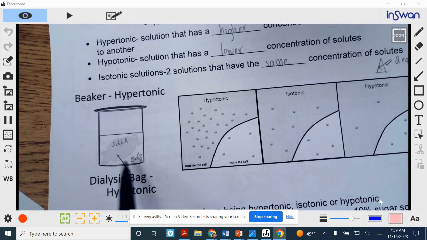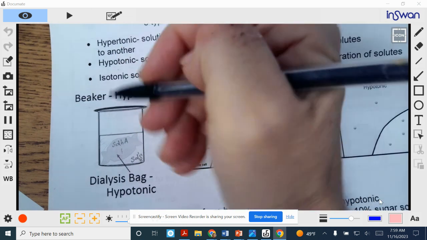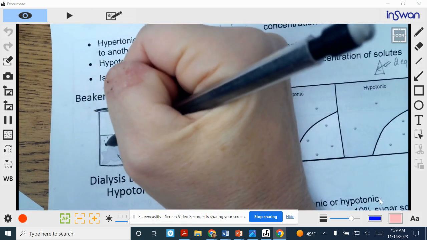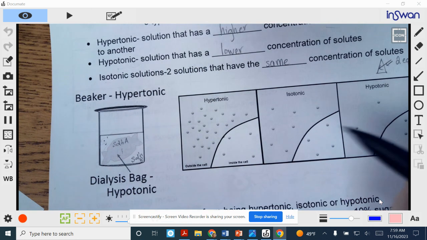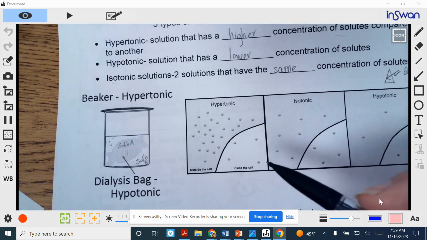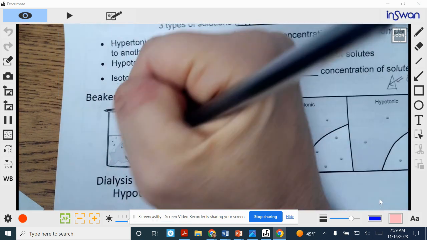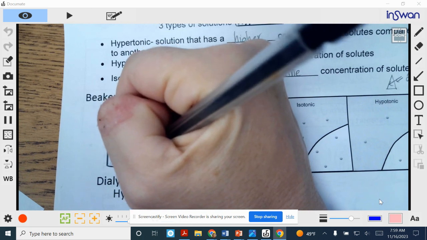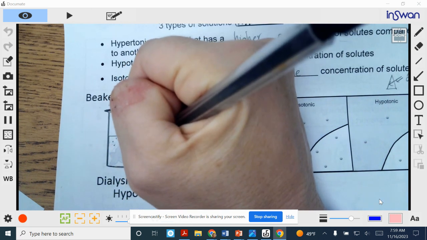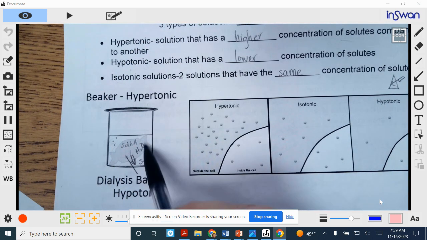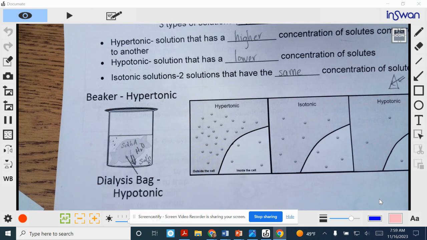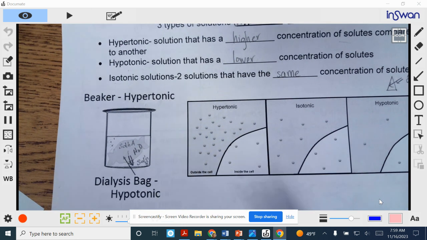So this solution is hypertonic compared to the bag. That means there's more solutes out here in the beaker. And water is going to go from the hypo to the hyper. Water is going to come out of that bag in this situation because the outside is hypertonic, and water goes to the hypertonic solution.